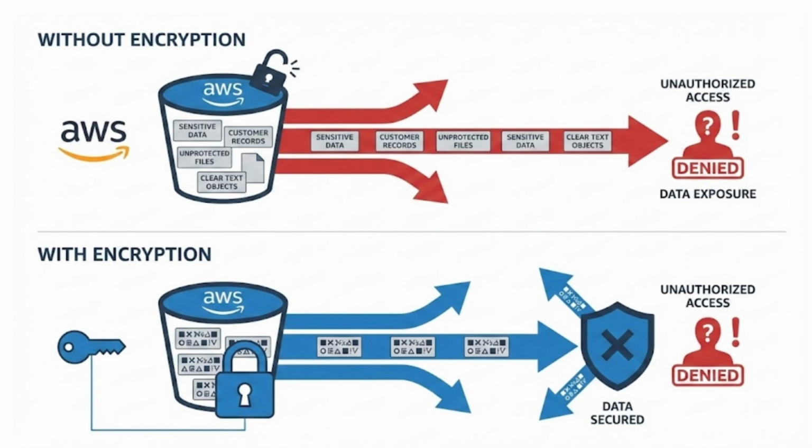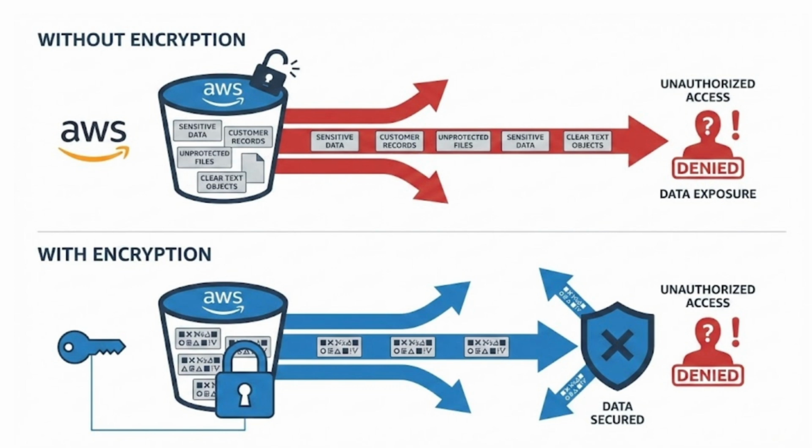If a person who doesn't have access to this bucket, let's assume he is a hacker, somehow gets access and tries to retrieve the data, and the data is very sensitive information, mainly consisting of customer records, then since encryption is not enabled, he can directly access those files and get the information, because the data is not encrypted.